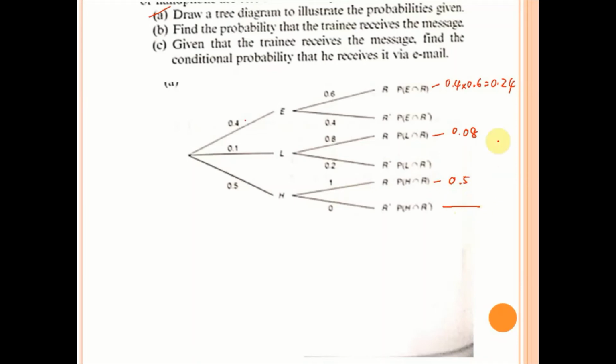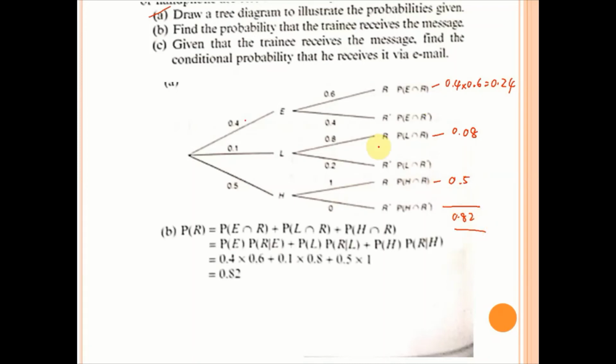Then kita akan tambah semua ni: 0.24 plus 0.08 plus 0.5, tambah semua sekali adalah 0.82. So you see, sama je dia punya cara kerja. When you buat your answer nanti, kalau you lukis tree diagram ni dah okay dah actually. And then dalam you punya answer kena ada this line, kena ada jawapan.